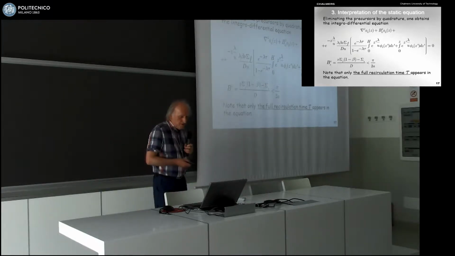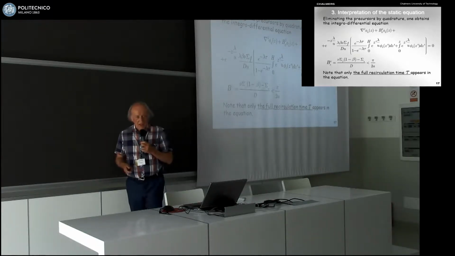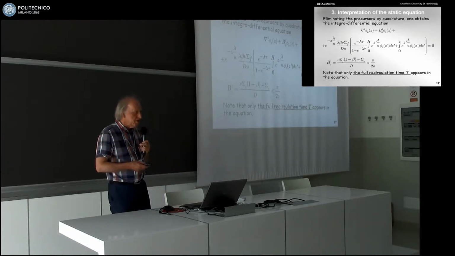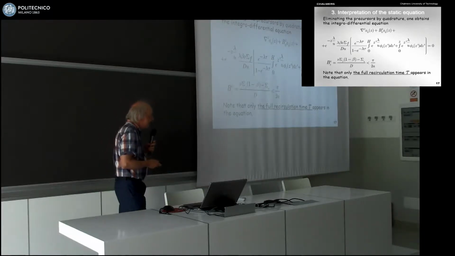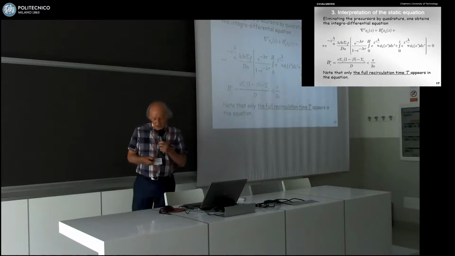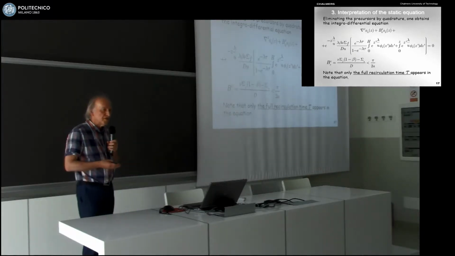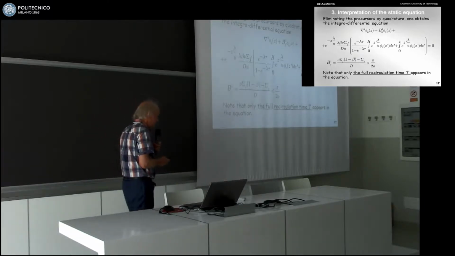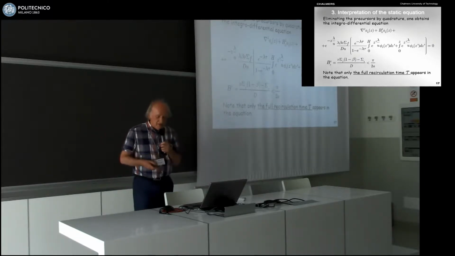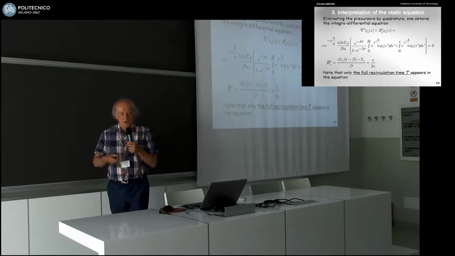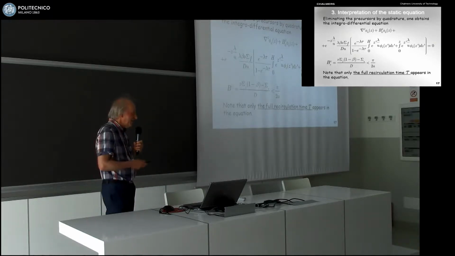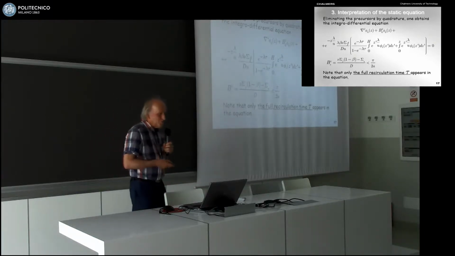Now, I want to show that in simple models, it is possible to interpret what certain terms of the equation mean. And of course, I guess your first reaction would be, I already know what it is, since when we write down the equation, we have to know what it is about.